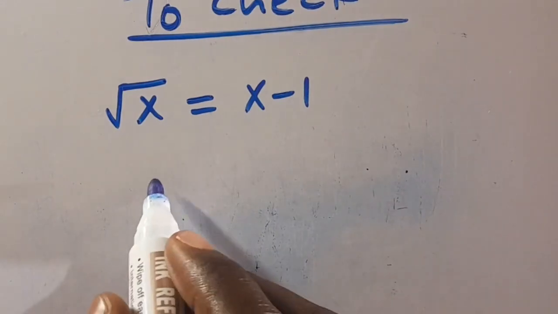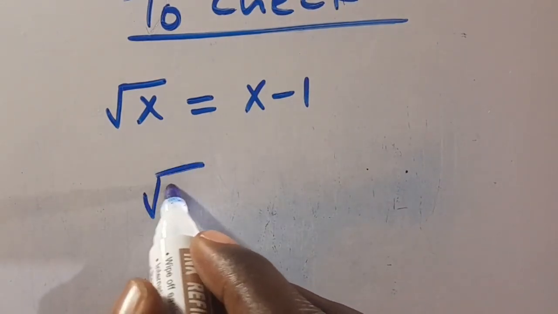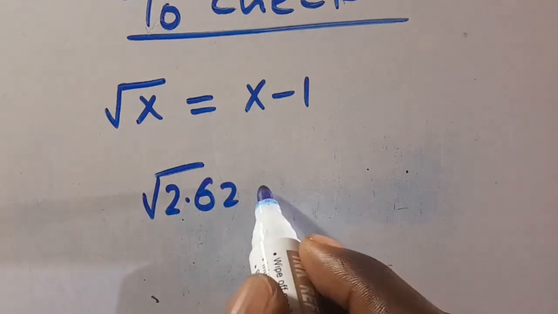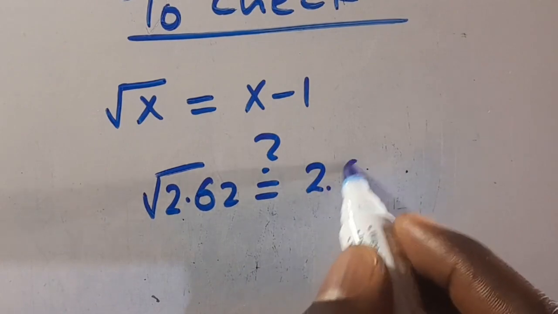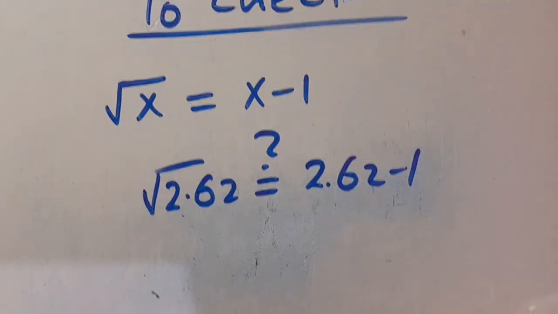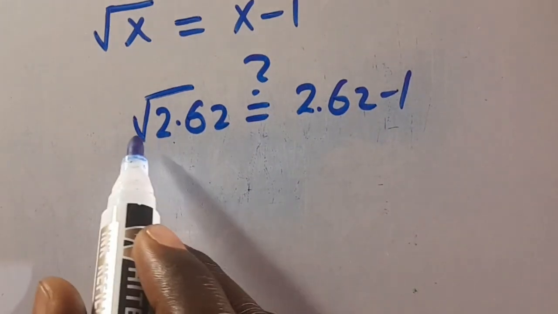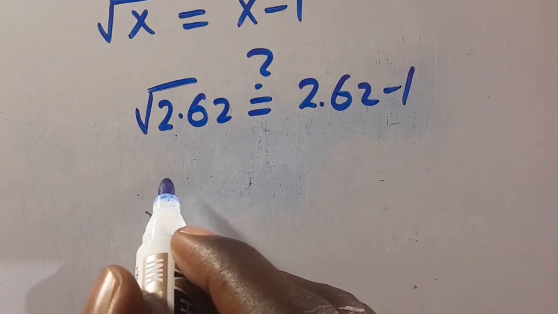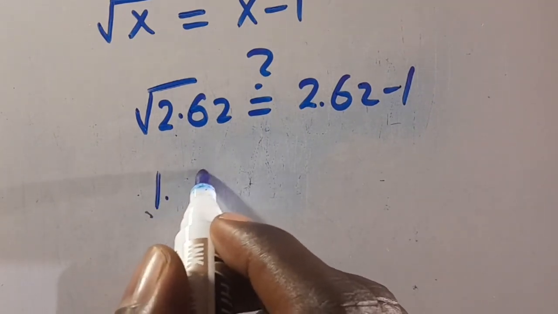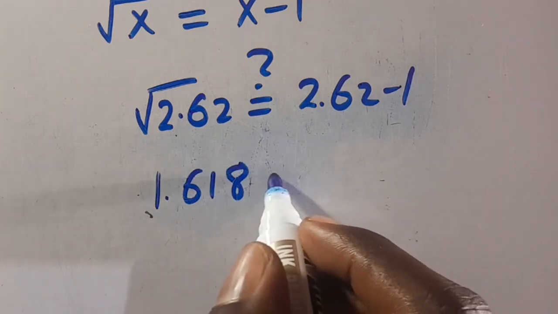We have root of 2.62, is it going to give us 2.62 minus 1? So when you press root of 2.62, we are going to have 1.618.